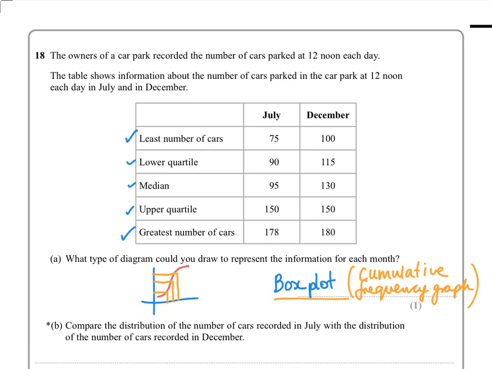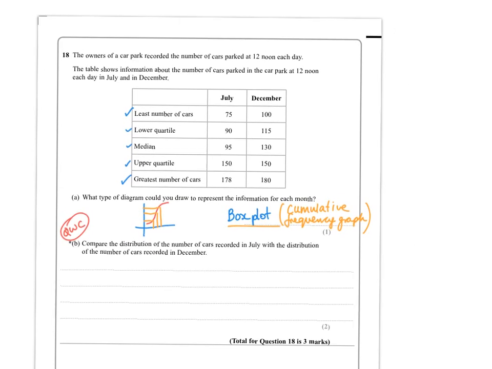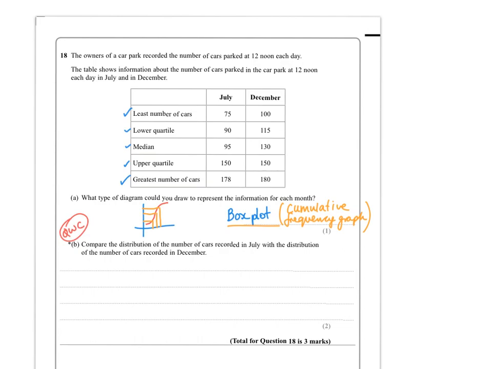Now, we've got quality of written communication here, and it says compare the distribution of the number of cars recorded in July with the distribution of the number of cars recorded in December. Almost all the time when you're comparing, usually when you've got two box plots, I'll show you a little example.